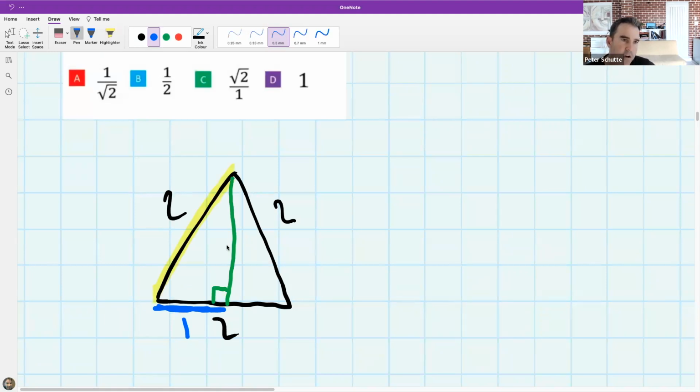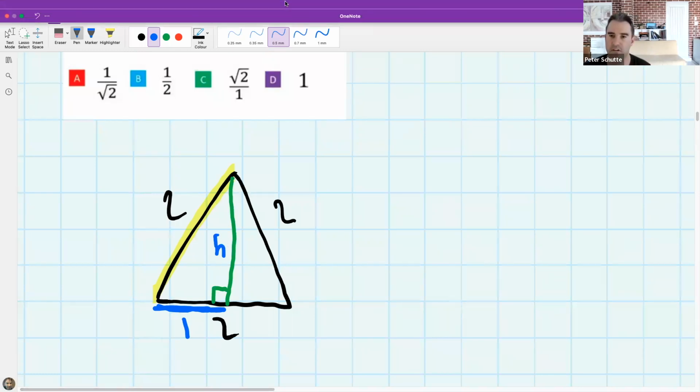What I want you to do for me now is, can you work out the height of this triangle? And I'm going to give you a hint. I want you to use Pythagoras. Can you use Pythagoras to help you find the height of this triangle? What is the height going to be of this triangle?